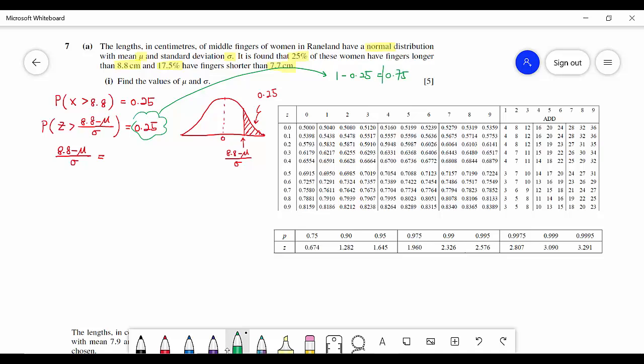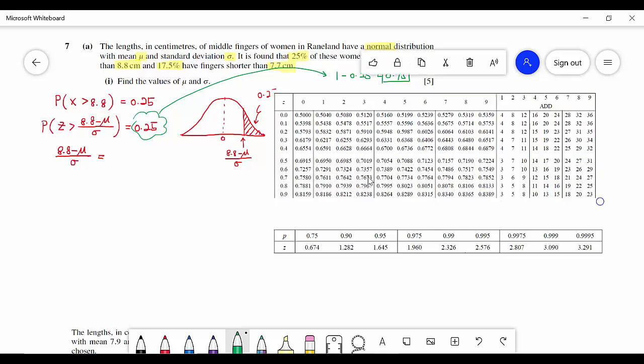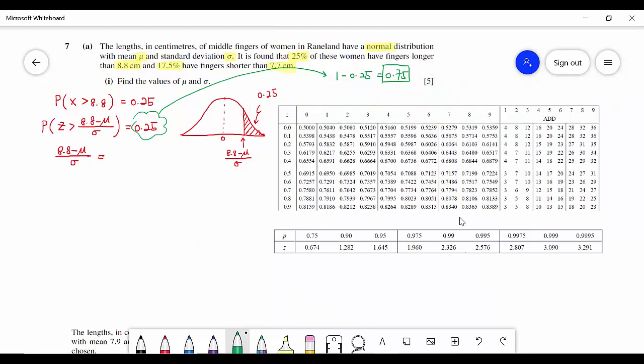So instead of 0.25, I'll look for 0.75. If you look at the table here, you have to look at the value inside, because all these are probability values. So the value inside here, sorry, wait for me a while. Okay, 0.75, what I can see is this value is closest to 0.75.